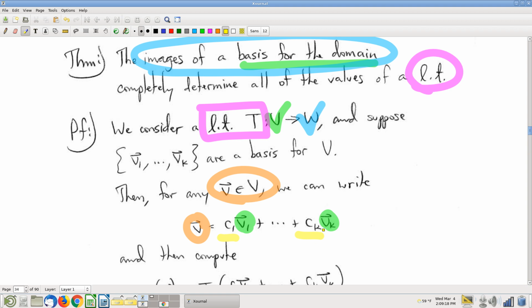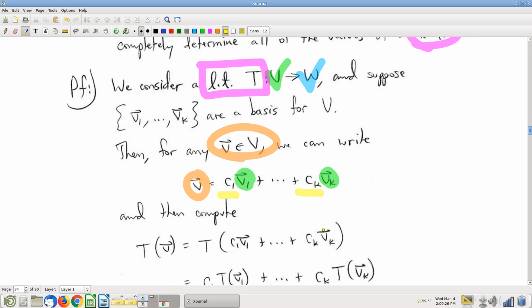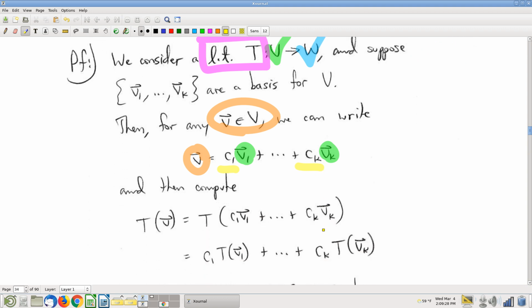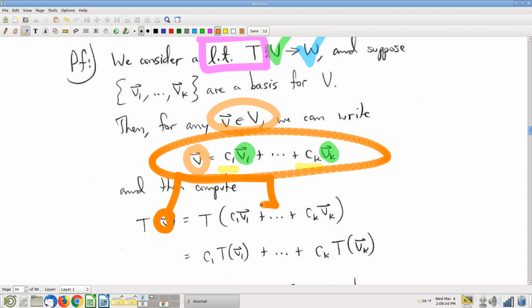Give me a vector in a vector space, it, of course, can be written as a linear combination of basis vectors. With that, let me write down this little bit of algebra. This vector v, if I plug in that formula for it that I just wrote down, is a combination of basis vectors. And now let me apply linearity.